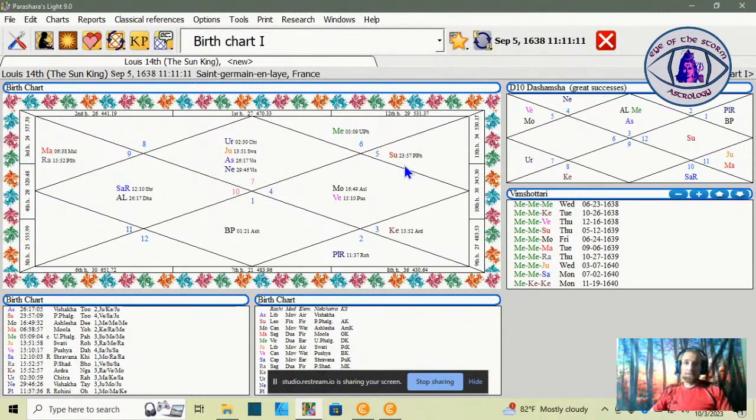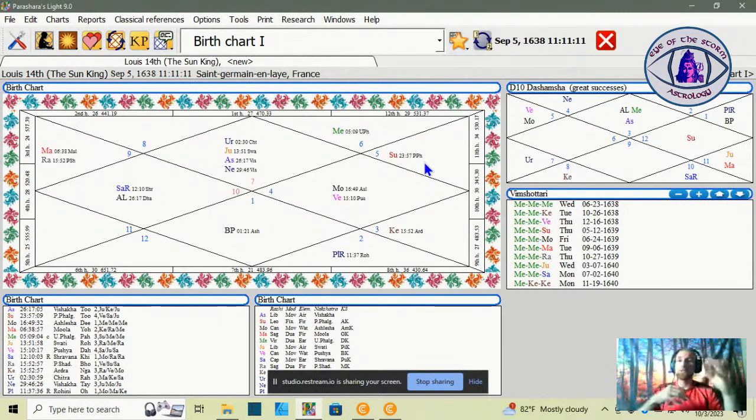Now, if we look at this Sun further, looking at the nakshatra of Purva Phalguni, there are three sets of nakshatras that work as pairs, and there will always be a Purva and an Uttara. The Phalgunis are the first of these. So Purva Phalguni is the early fruit, and Uttara Phalguni, which is where his Mercury is, and we'll talk about that in a second, is the later fruit.